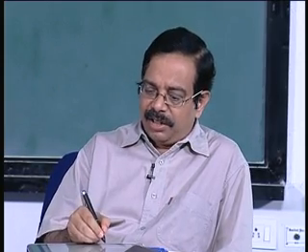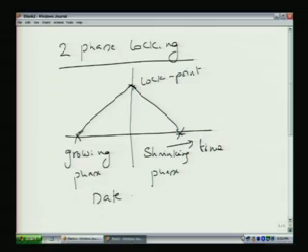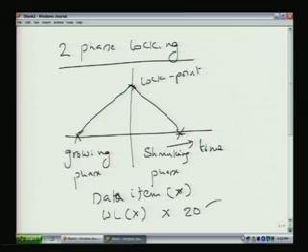Assume that there is a data item X, and you have acquired a write lock on X during the growing phase and then release this lock during the shrinking phase. Now, it is possible that when you have modified the value of X, let us say X is modified from the earlier value of 20 to 30.